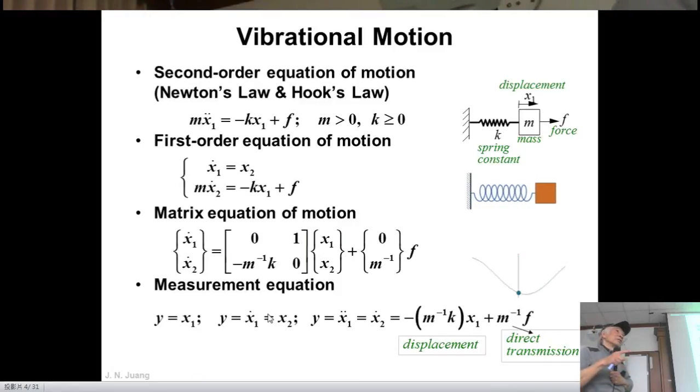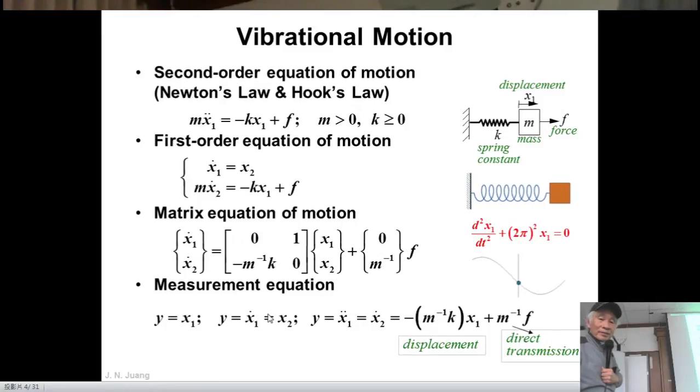If your displacement is increasing, your velocity is decreasing. That is the equation of motion d squared x1 over dt squared plus omega squared x1 equals 0. That is the vibrational motion, and it vibrates like this.